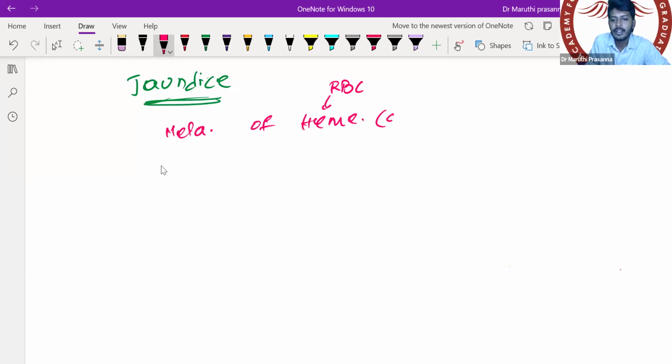Now where is heme released? In the spleen. In the spleen, heme will get converted into biliverdin and then into unconjugated bilirubin.